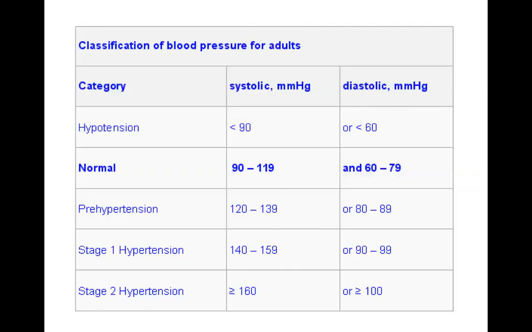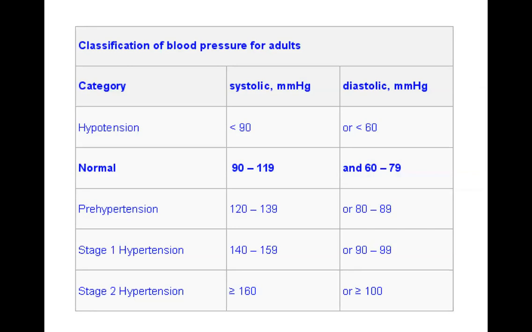Okay, so here's the classifications basically for adults. Hypotension is less than 90 with a diastolic of less than 60. We'll talk about Randy in a minute. Normal is usually between 90 and 110, and then diastolic is 60 to 79. Prehypertension is 120 to 139 or 80 to 89.